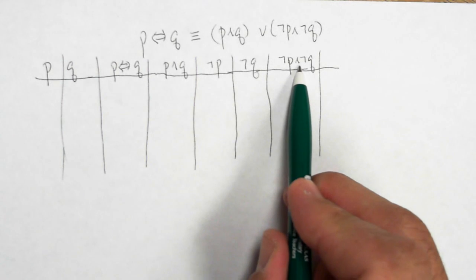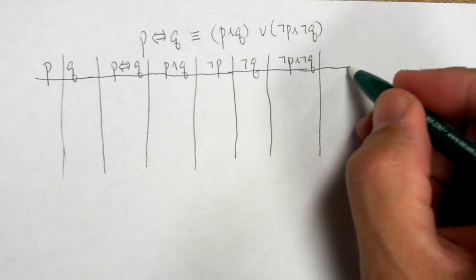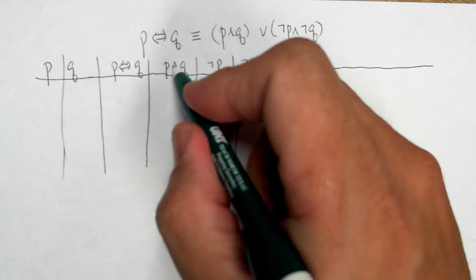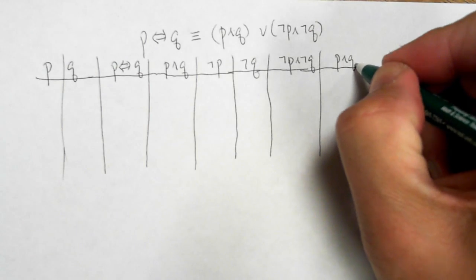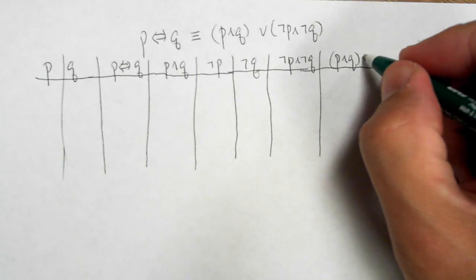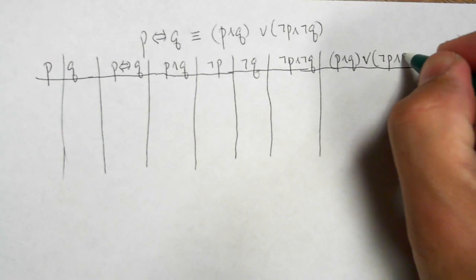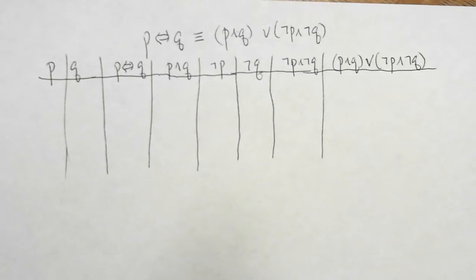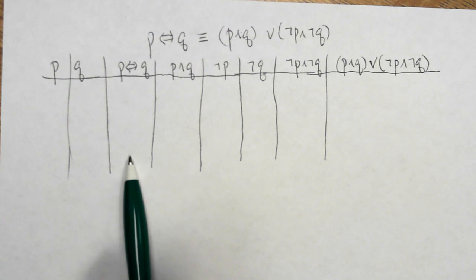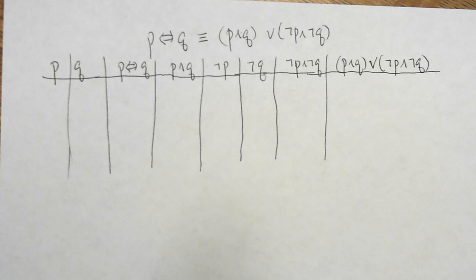Then once we have not P and not Q, I'll take the conjunction with this column, P and Q, or sorry, the disjunction with that column, P and Q, or not P and not Q. And again, the goal is to show that this column will be the same as this column.